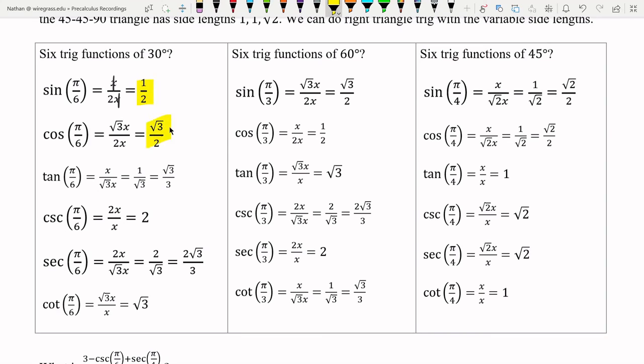We get 1/2, root 3 over 2, root 3 over 3, 2 root 3 over 3, and then root 3. Of course, I rationalize the denominators here. That's an important thing to note, that whenever you have a denominator of radical, rationalize it. 60 is very similar.